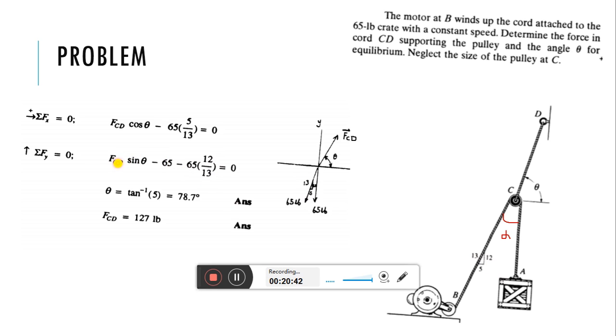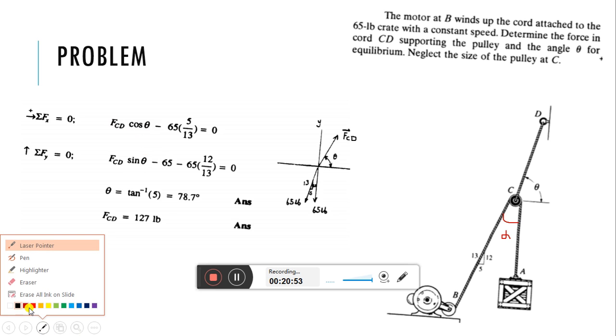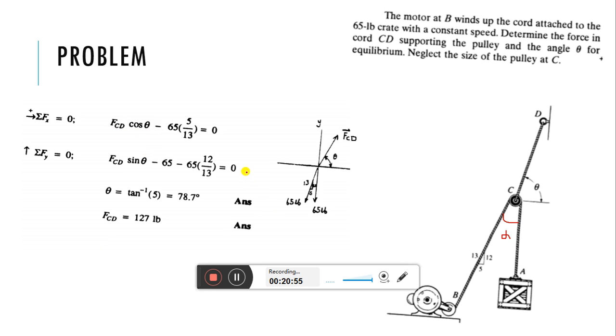So you can find out FCD sin theta from here, and FCD cos theta from here. Suppose this is equation number 1 and this is equation number 2.